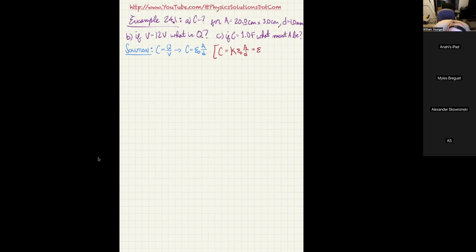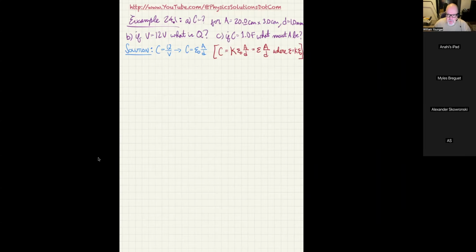So it also can be written as epsilon A over D, where epsilon is equal to K times epsilon zero, and the K is what we call the dielectric constant, not the capacitor constant. So that's just some additional information that will allow you to get started on your homeworks immediately.